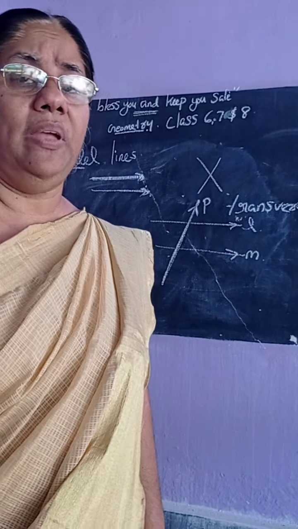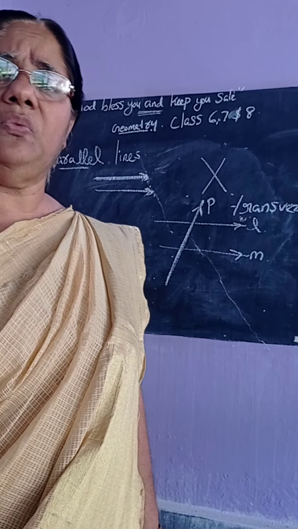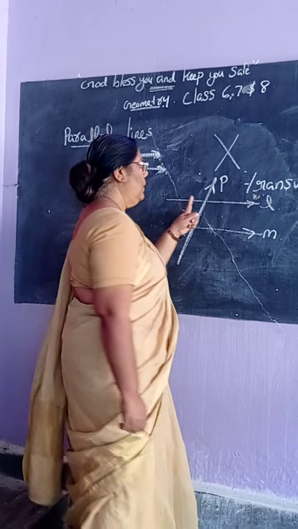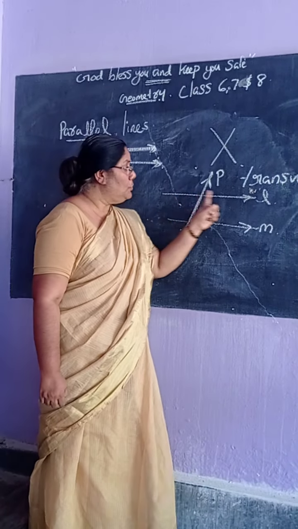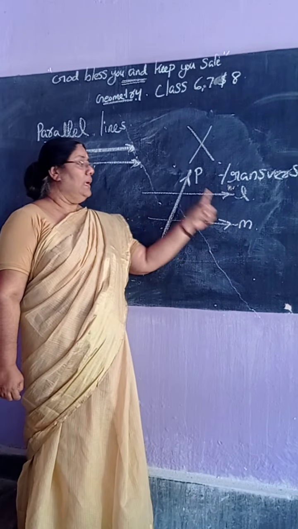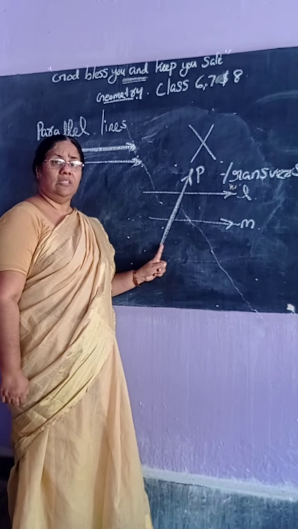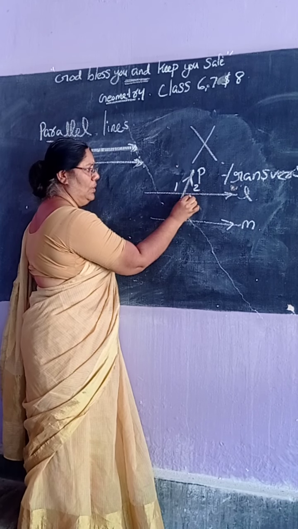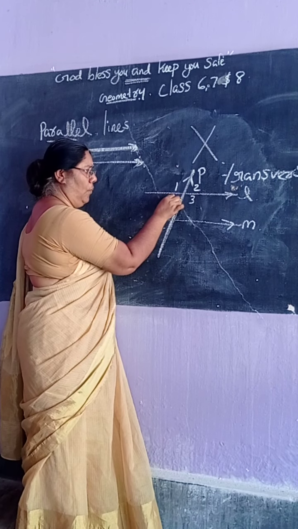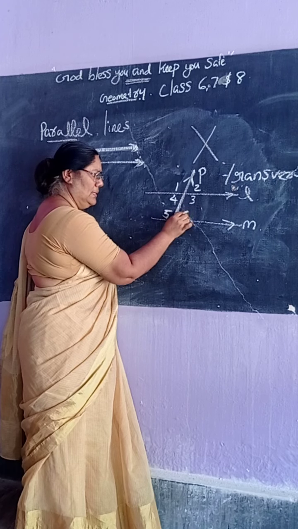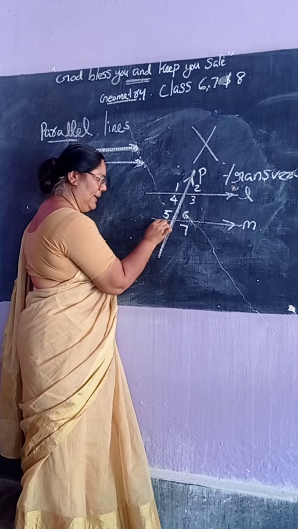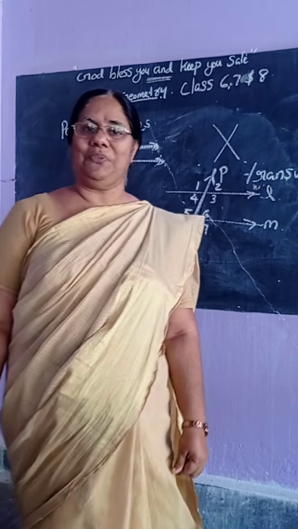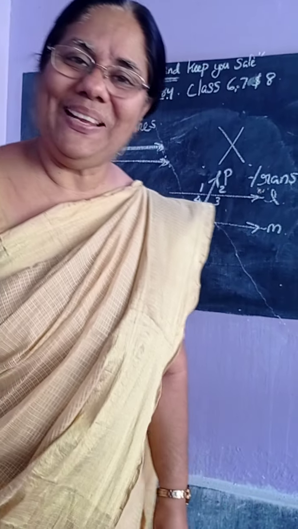This chapter is very important. The basic concepts of this are very important. Look here. When two lines are cut by a transversal, 1, 2, 3, 4, 5, 6, 7, 8. 8 angles are formed. Understand, students?